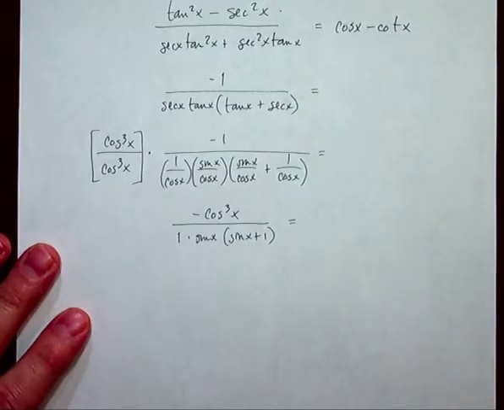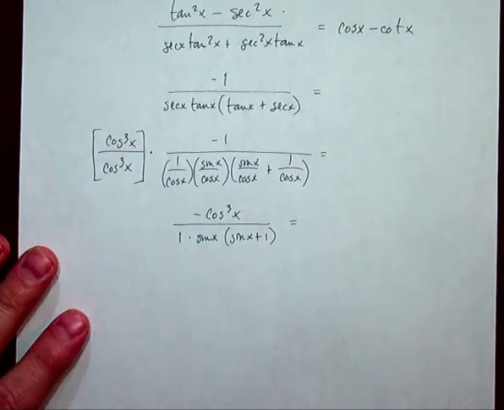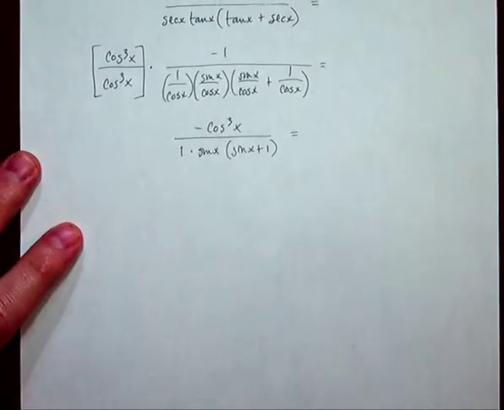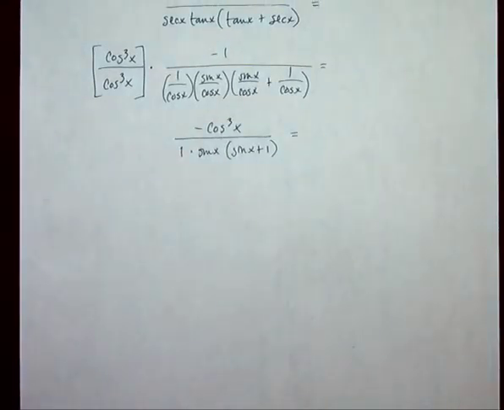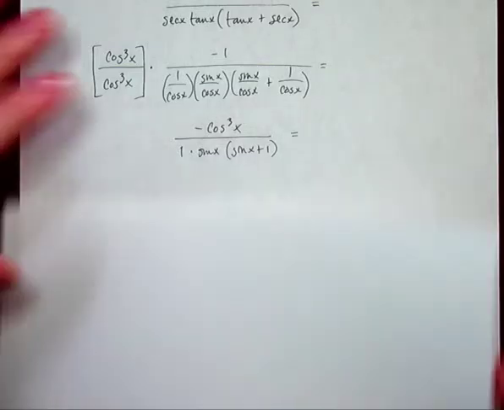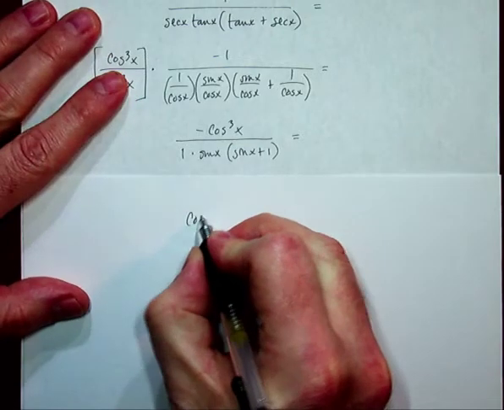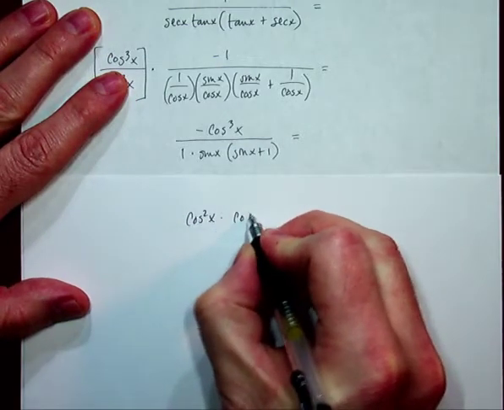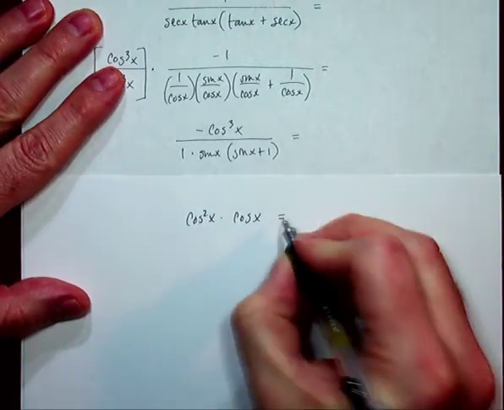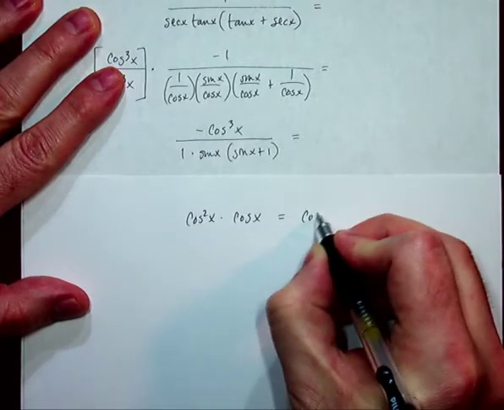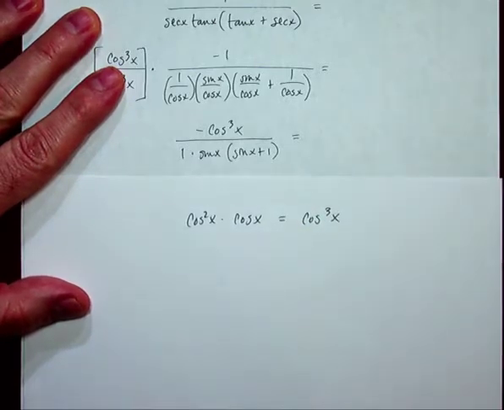Now, cosine cubed x, and here's the thing, this is another one of those times where I notice that y'all have a problem doing this. If you are given something like cosine squared x times cosine x, I have zero doubt that you can go, okay, yeah, well, that's just cosine cubed x.